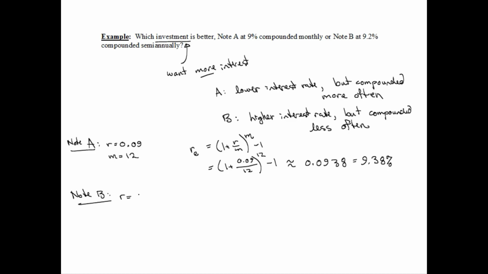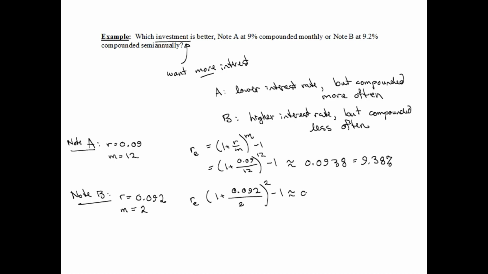Now we're going to repeat the calculation for note B, which has an R of 0.092, and semi-annually means twice. Semi means each half year, so that is twice a year, so it is compounding 2 times per year. So my effective rate will be 1 plus 0.092 divided by 2 raised to the second power, because that's the number of compounding periods, minus 1.